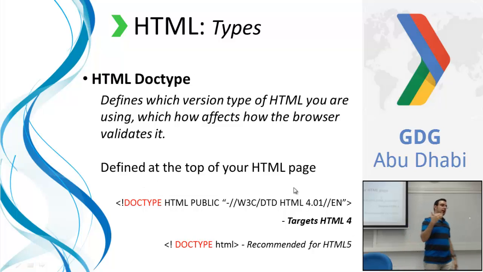For earlier HTML, which is HTML4, you have HTML public, and all this is the tag that defines HTML4. If you put this at the beginning of your website, everything will be rendered according to HTML4 standards. If you have any HTML5 specific tags, they won't be rendered properly.